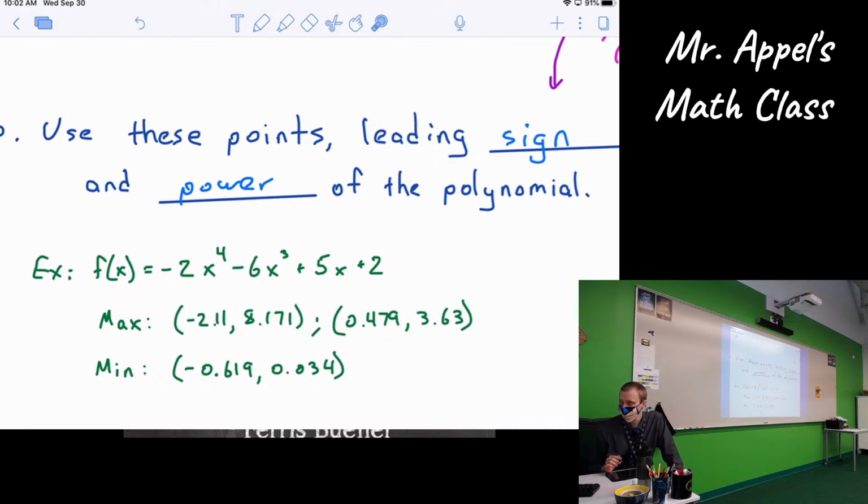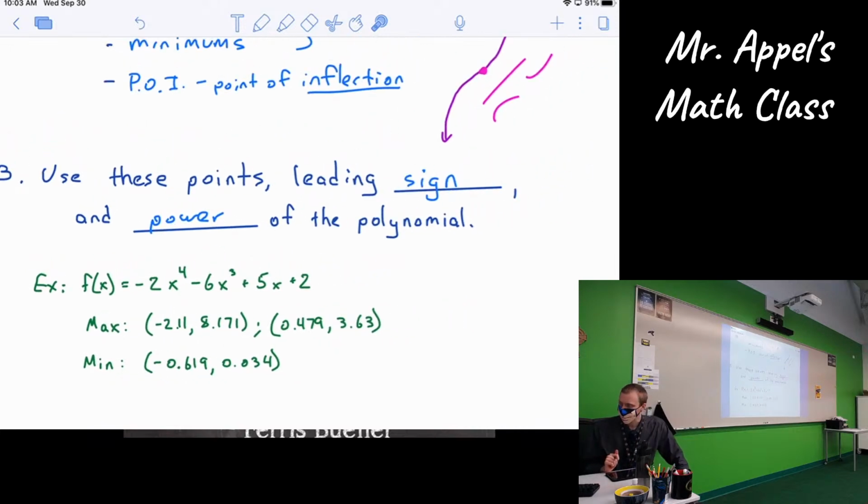But I want to show you an example of what we can do with just this information, the function itself, the maximums and the minimums. And please feel free to stop me at any point. Let me know in chat or over voice if you need me to go back to something on screen so you can write it down.